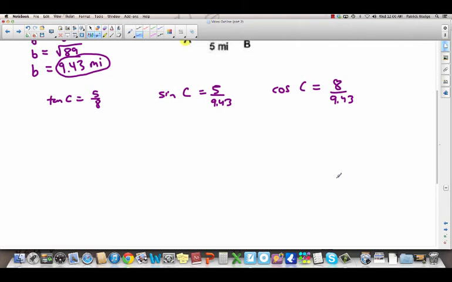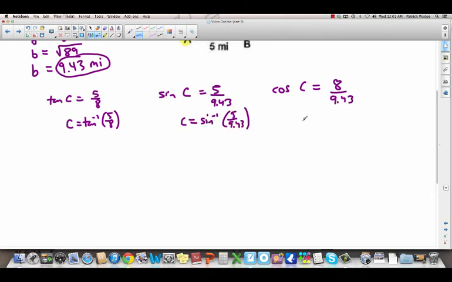Alright, so if tan C equals 5 over 8, then angle C, we're finding the angle, so we have to use inverse tan of 5 over 8. If we were doing this one, C would equal inverse sine of 5 over 9.43.